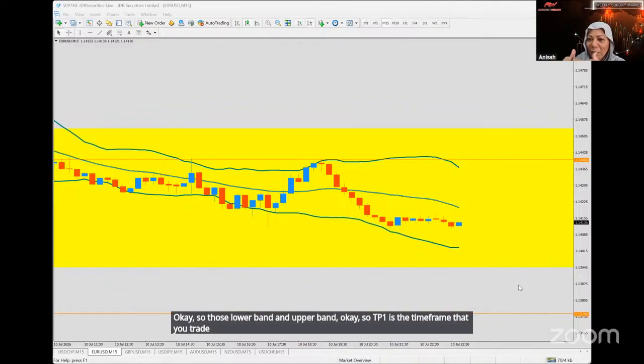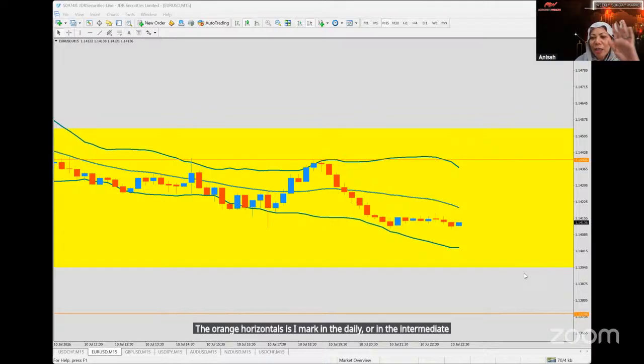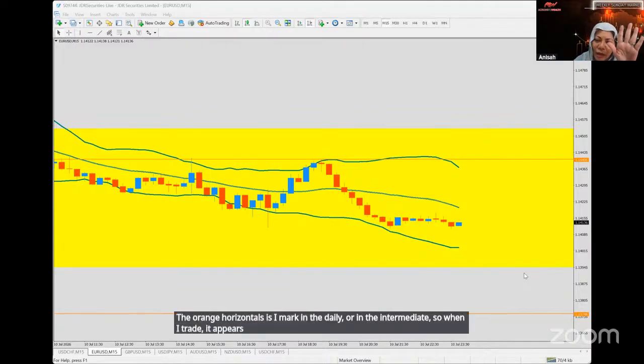The second TP, I always take the band line on the higher time frame, like H1, your intermediate trend or the daily trend. The orange horizontals I mark in the daily or in the intermediate, so when I trade, it appears on my trading time frame chart.